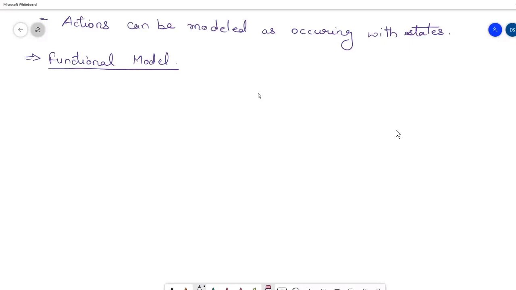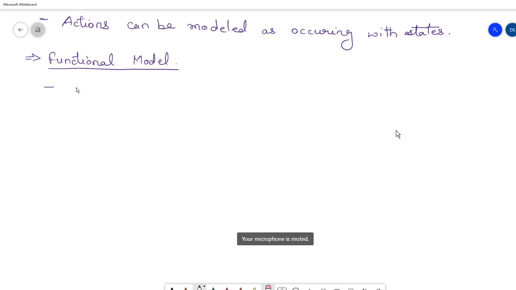In this, the main concept is to define the process, to define the data store, and to define the data flow and the actors. So in the functional model, it defines the process in which the data flow is taking place.